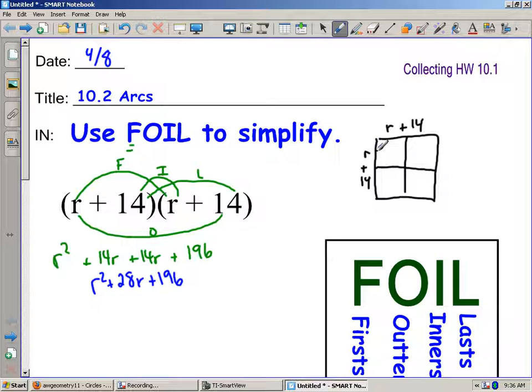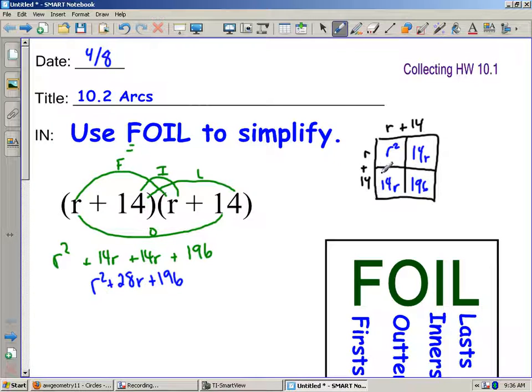So the height of this side is r, the width is r, so r times r is r squared. Then the height is r, the width is 14, so we combine those, we get 14r. We have a height of 14 now and a width of r, so we get another 14r, and last but not least we have a height of 14 and a width of 14, which gives us 196.